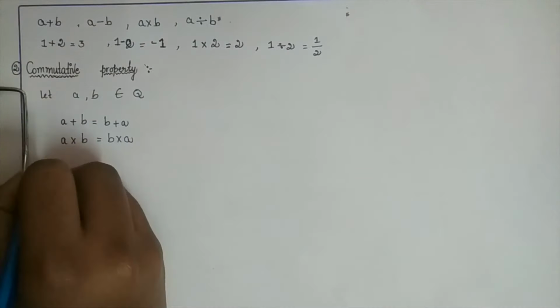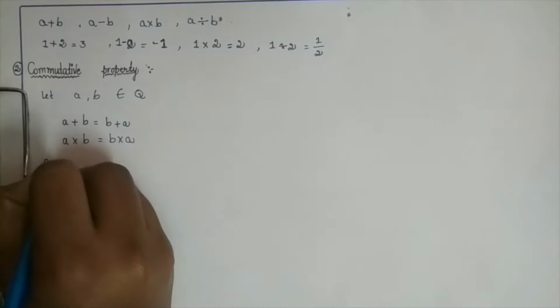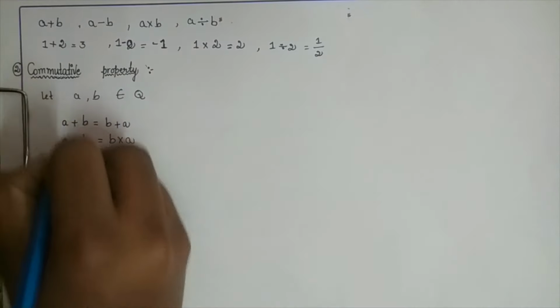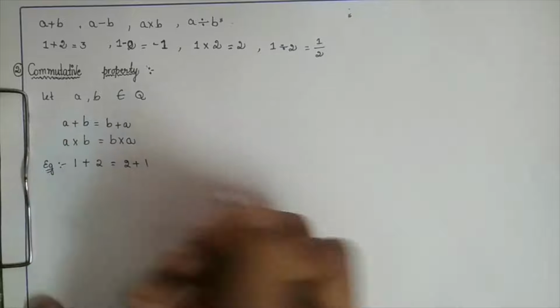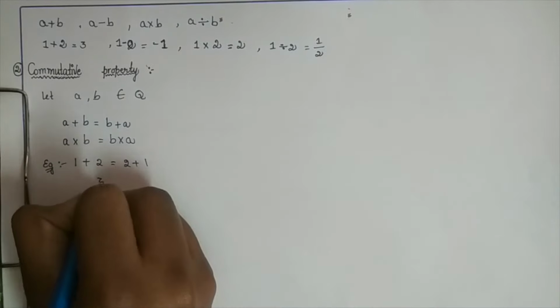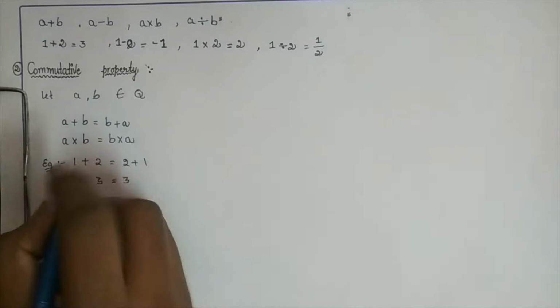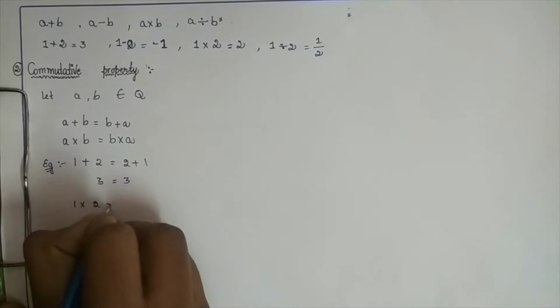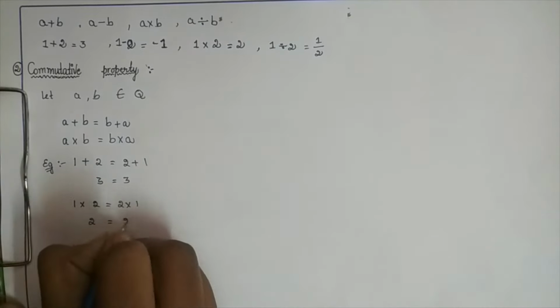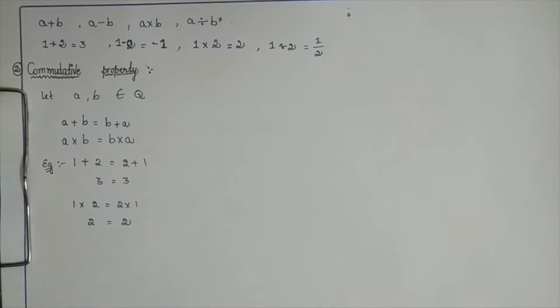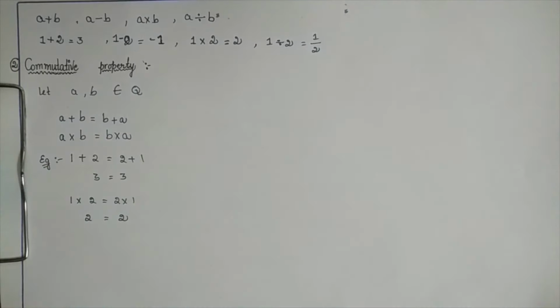So in this form we can take examples also. 1 plus 2 is equal to 2 plus 1, which is 3 is equal to 3. 1 into 2 is equal to 2 into 1, 2 is equal to 2. So the commutative property holds under addition.